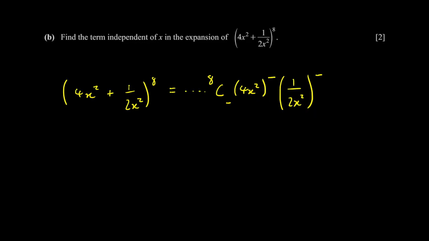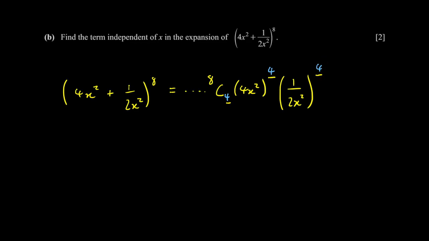Now, how can I do that? Well, if I chose that to be 4 and that to be 4, then I'm going to end up with an x to the power of 8 and divided by an x to the power of 8. So the x's will cancel off. So that's exactly what I want. And then this number here will be 4, because the number that goes here can either be this power or that power. Well, in this case, both of those are the same.